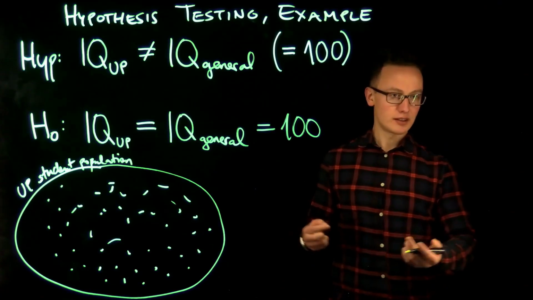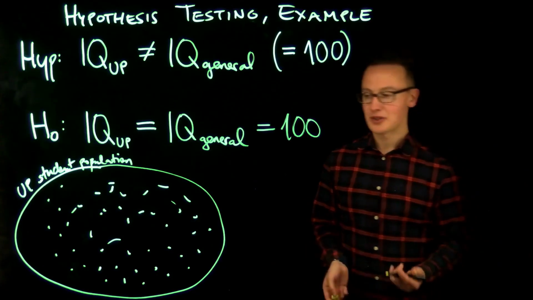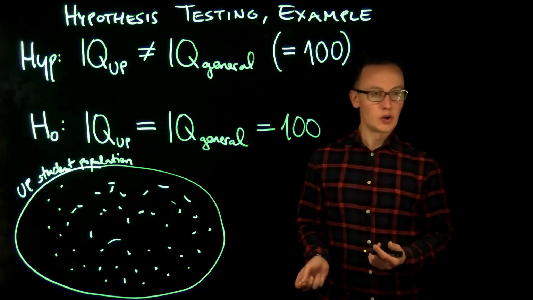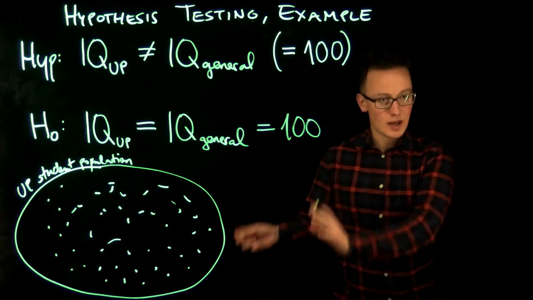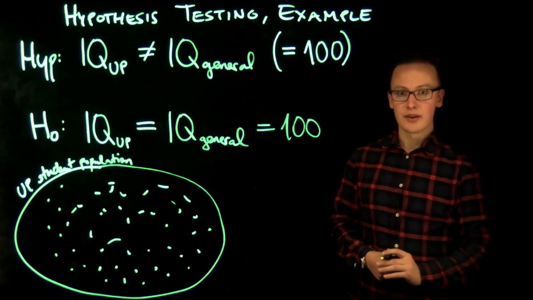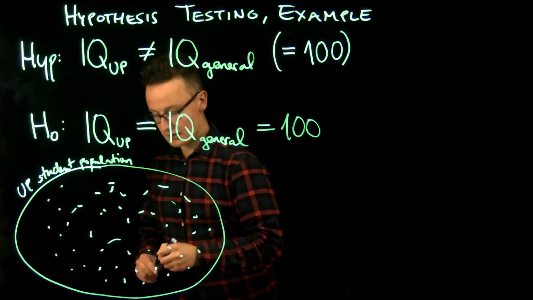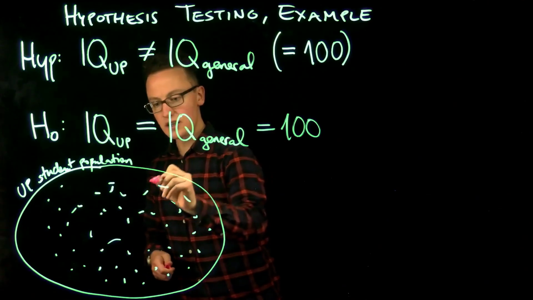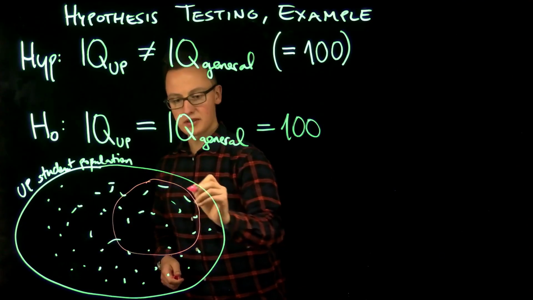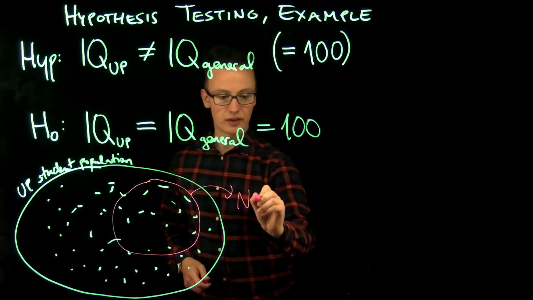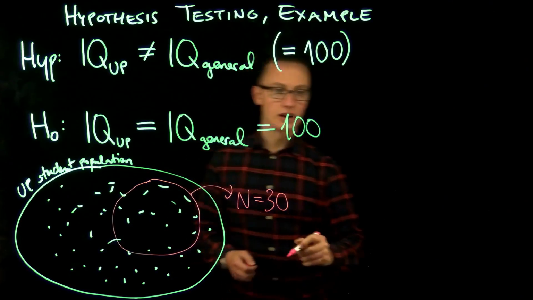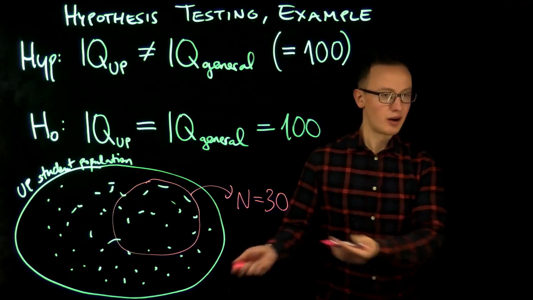Okay, but in real life, as it so often happens, we can only ever look at samples, at small subsets of a population. Okay, so let's say we are lucky enough to find 30 Uni Potsdam students. So that's a sample of 30 people that are willing to do our test.